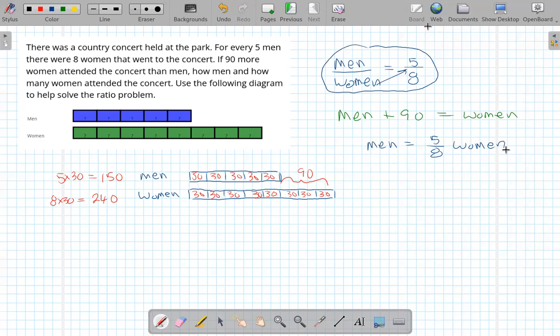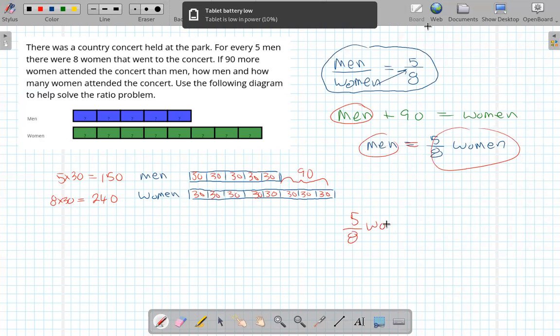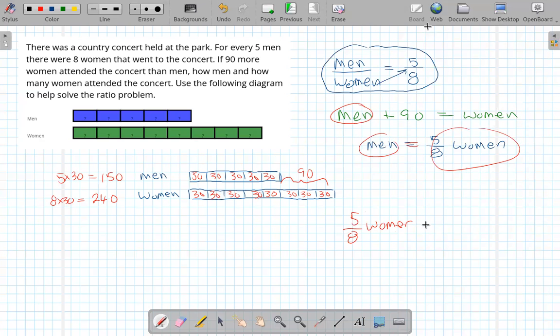Well, if that's true, then I should, in the green equation, be able to replace the men with the fact that they're equal to 5/8 of the women. So now if I combine these two little substitutions, instead of writing men, I'm going to write 5/8 of the women plus 90, right? So all I'm doing is replacing men with 5/8 women. And in the green equation, that has to be equal to women.